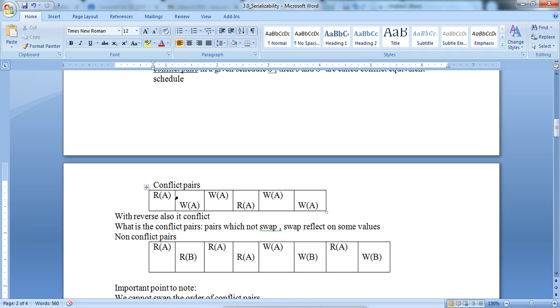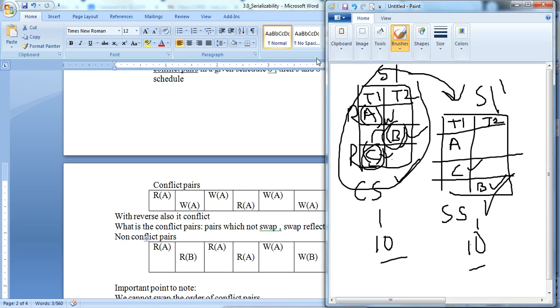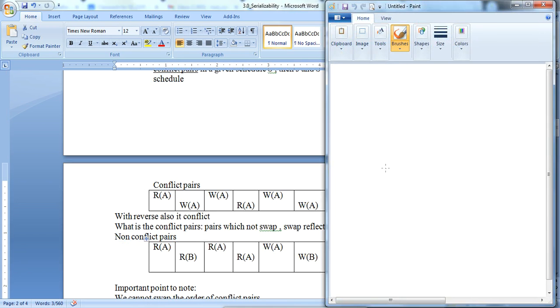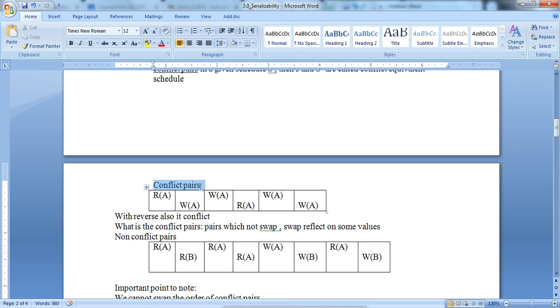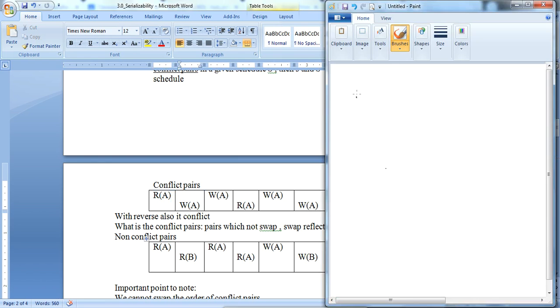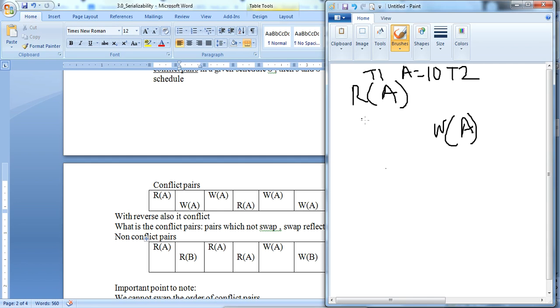Now what is a conflict pair and what is a non-conflict pair? This is a simple example to understand the concept. A read and a write on the same data is a conflict: read A and write A. Say A is 10, read by transaction T1 and written by T2. When T1 reads, A is 10.